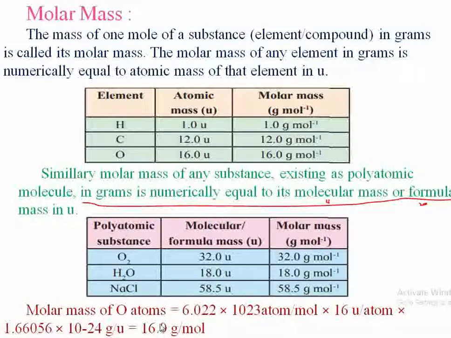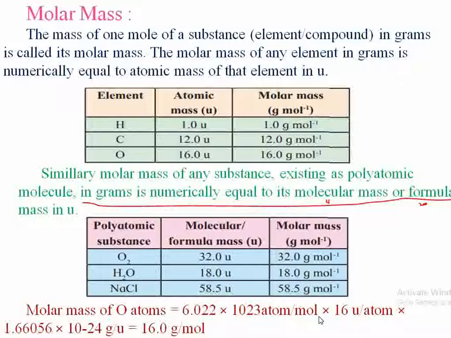Therefore, the molar mass of oxygen equals 6.022 × 10^23 atoms per mole, times 16 unified units per atom, times 1.66056 × 10^-24 grams per unit, which equals 16 grams per mole.